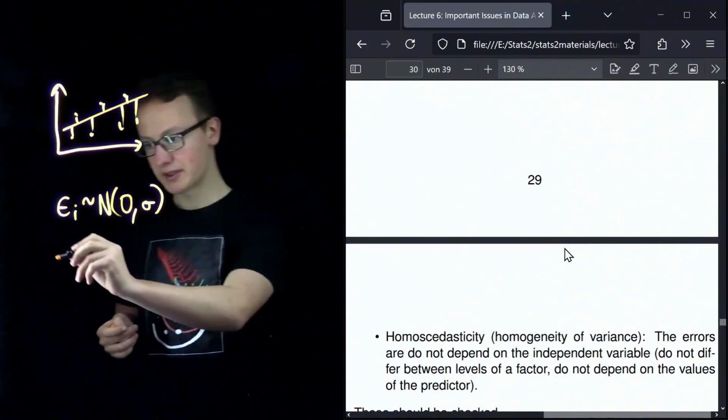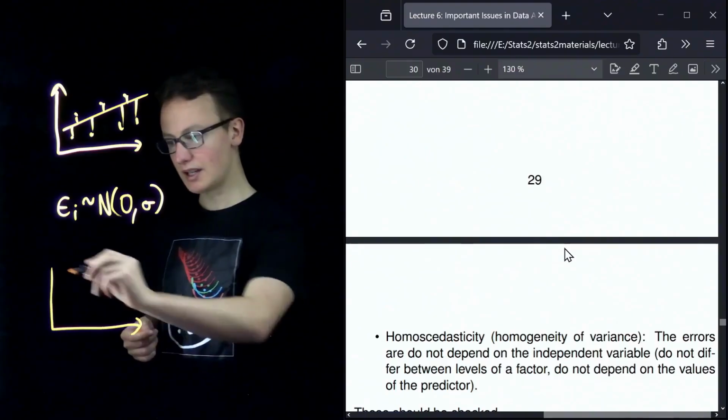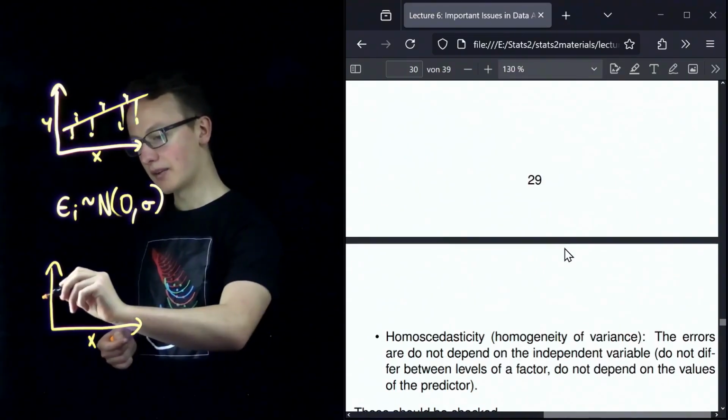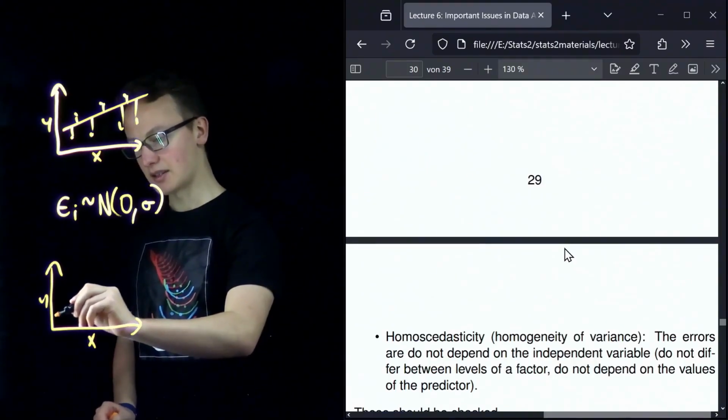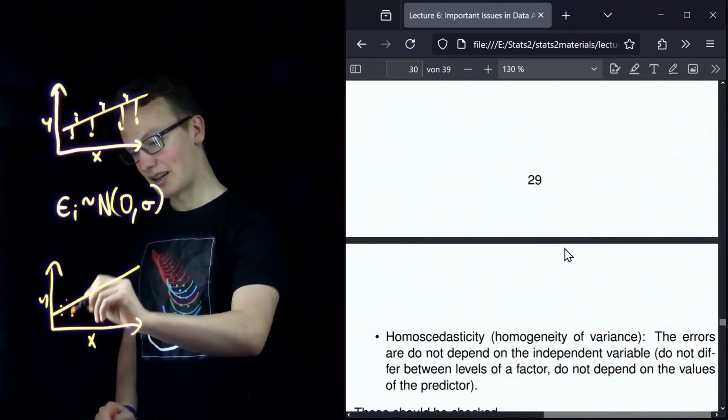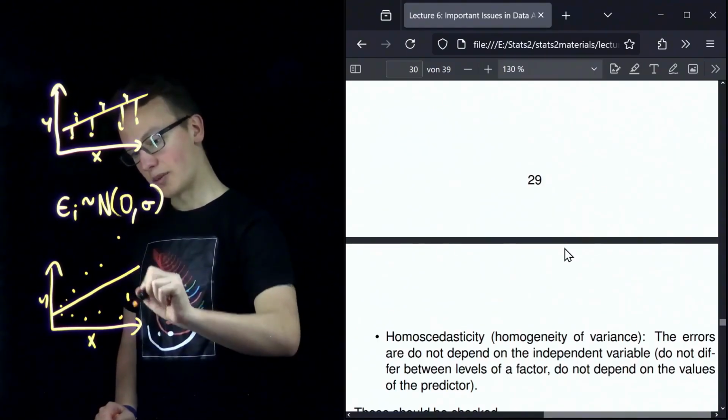Let me draw another plot just to give you the idea a bit more clearly. So if this was my predictor, x, this is my y, and now let's say I would find something like this. So here's maybe my best fitting line, and now here I have my observed data.